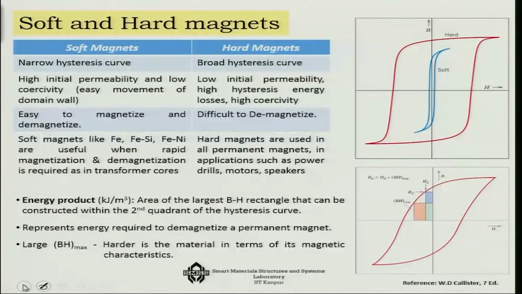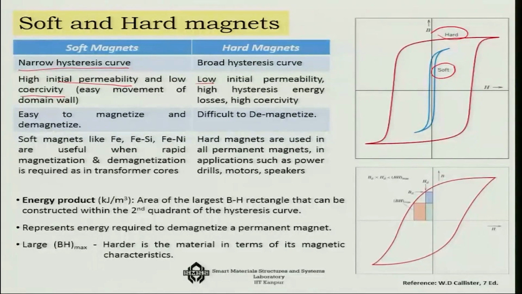There are two different types of magnets that we categorize in terms of this hysteresis. One is called soft magnet, which has a narrow hysteresis curve, and another is a hard magnet. Soft has a narrow hysteresis curve, high initial permeability and low coercivity, that is, easy movement of domain walls.